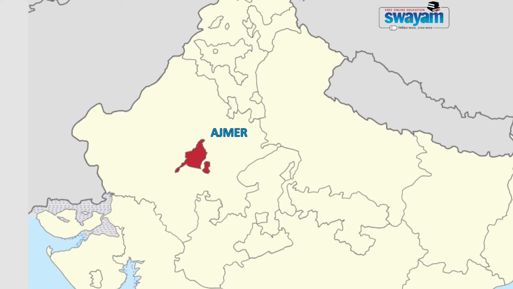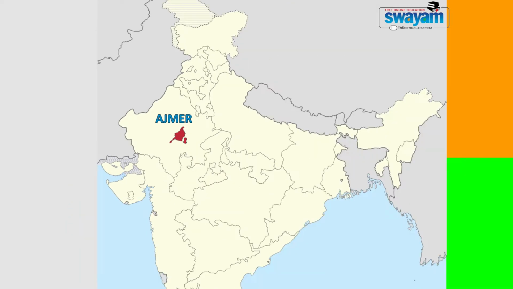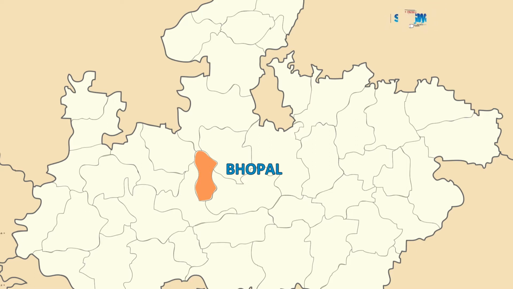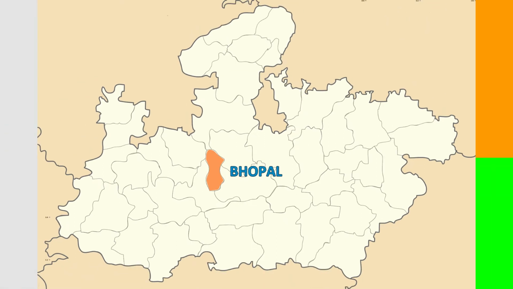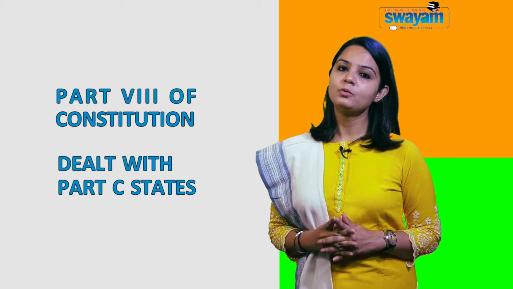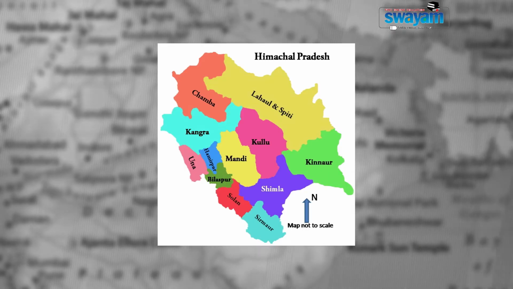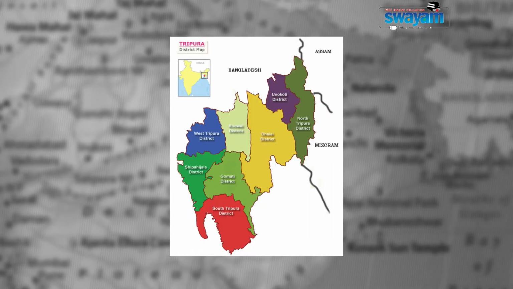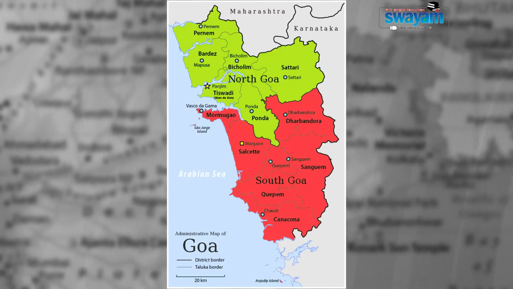One of the Part C states, which was Ajmer, was merged in the state of Rajasthan. Another Part C state, which was Bhopal, was merged in the state of Madhya Pradesh. The earlier Part C states, which were Himachal Pradesh, Manipur, Tripura, Mizoram, Goa, all attained statehood.